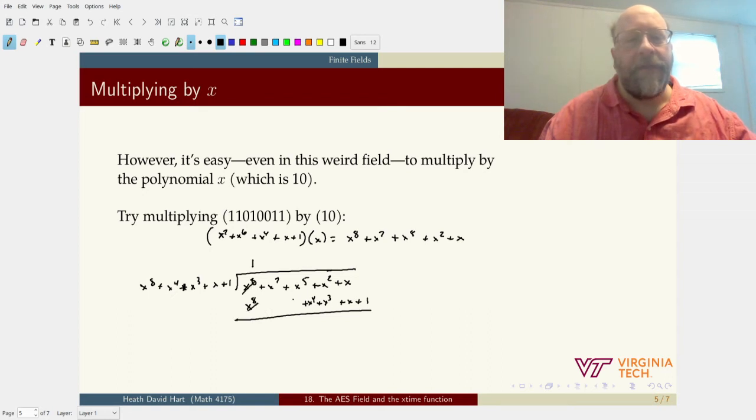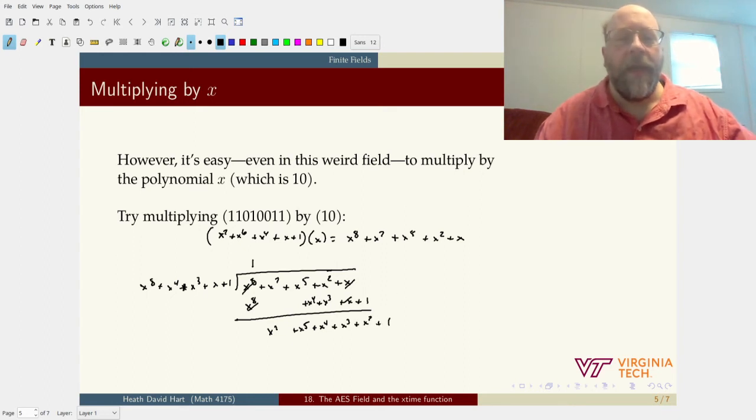The x to the 8ths cancel and the x's cancel, and we're left with x to the 7th plus x to the 5th plus x to the 4th plus x to the 3rd plus x squared plus 1. And we're done in one step. We got the answer. 1, 0, 1, 1, 1, 1, 0, 1.